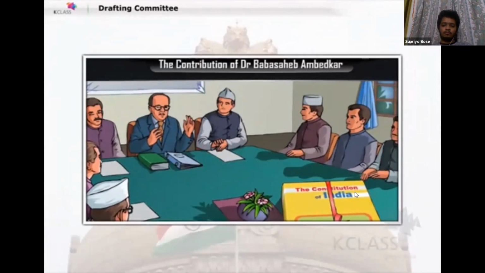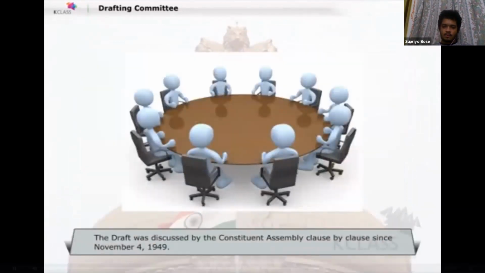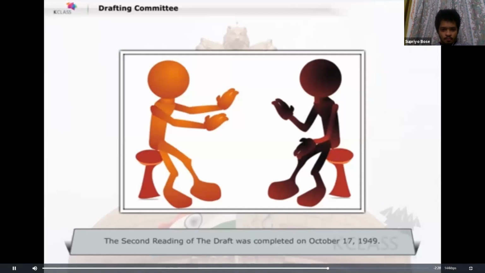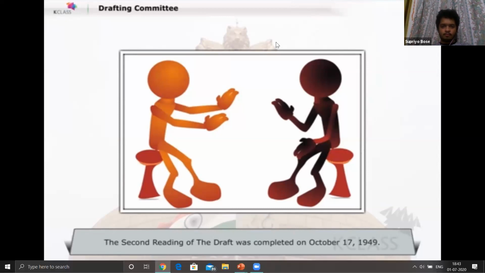the Constitution. The draft was discussed by the Constituent Assembly clause by clause since November 4, 1949. Thereafter, the draft underwent second reading, which was completed on October 17, 1949.